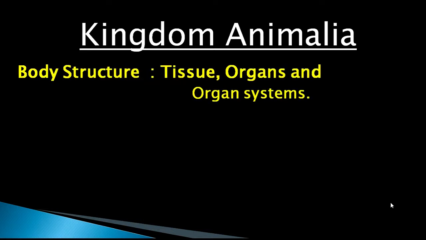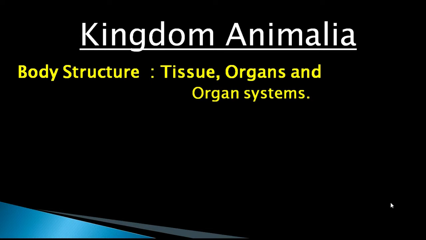Kingdom Animalia. Body structure: tissues, organs and organ systems such as circulatory system, respiratory system, excretory system, reproductive system. These organ systems are found in higher class animals such as human beings, cows, dogs, tigers and all other higher class animals.